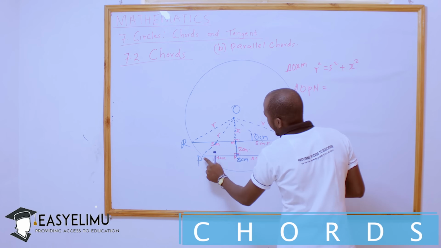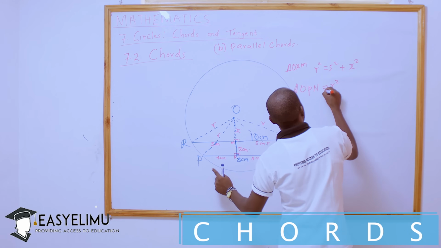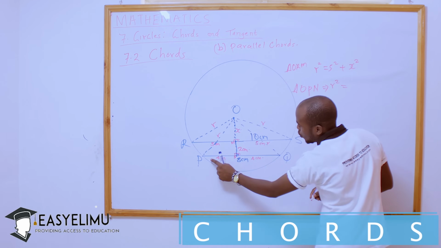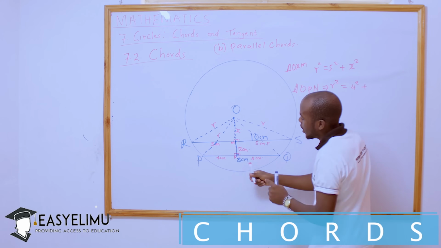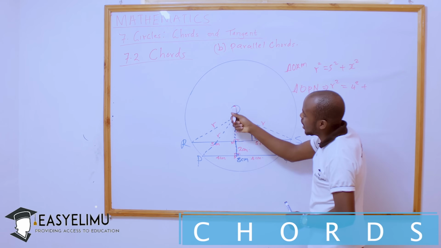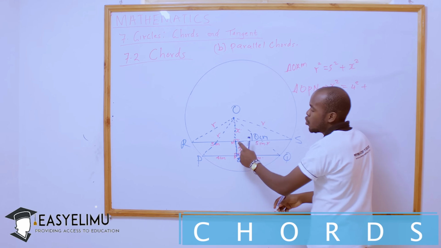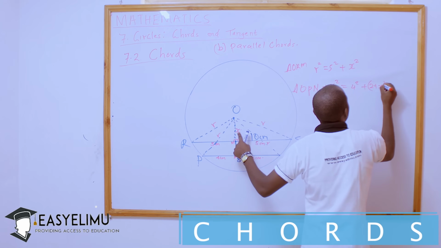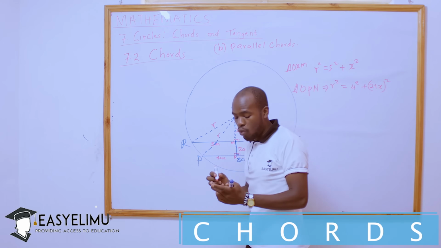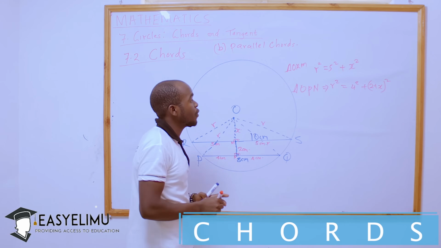To get r squared, it will be equal to 4 squared plus the height. The height has been extended, so the height is 2 plus x, but I'm going to square it, since it's one measurement, so I will square both of them.